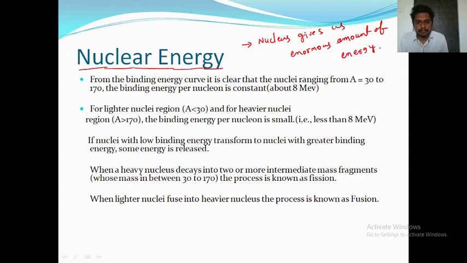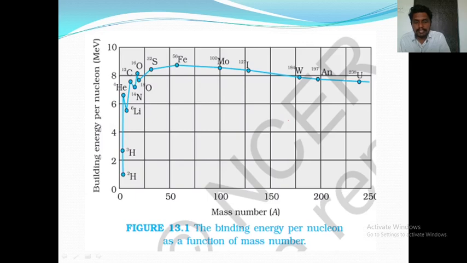When you observe the binding energy curve, drawn between the mass number and binding energy per nucleon, as the mass number increases, binding energy increases, and it is almost constant for the intermediate nuclei.